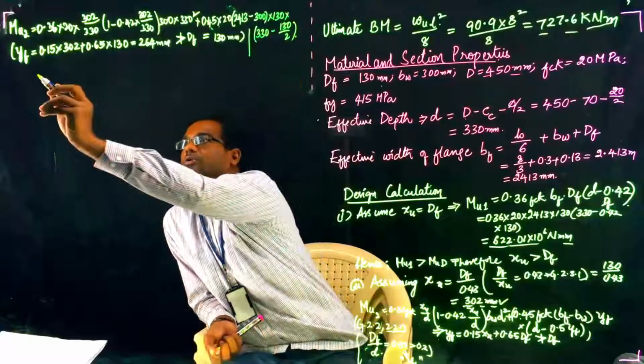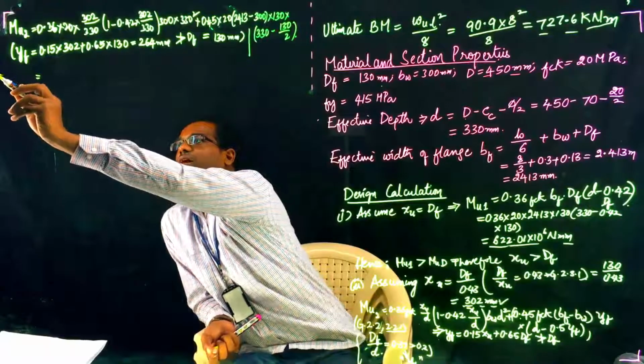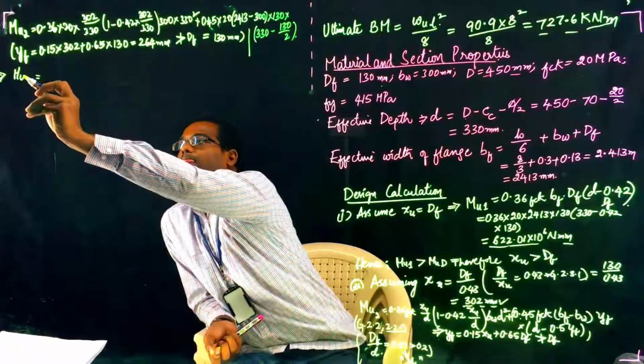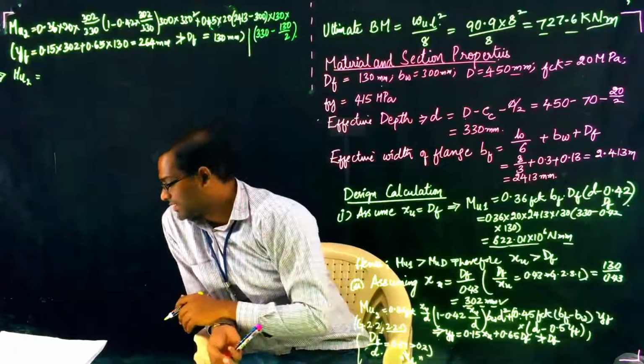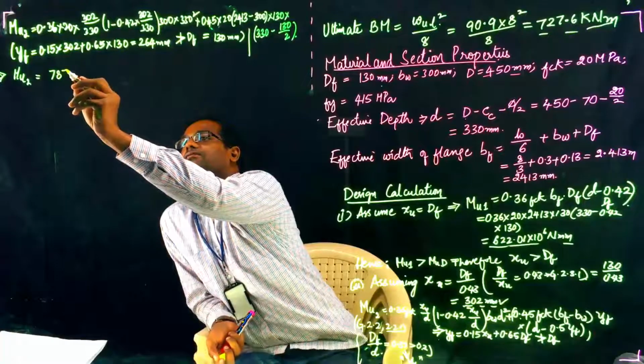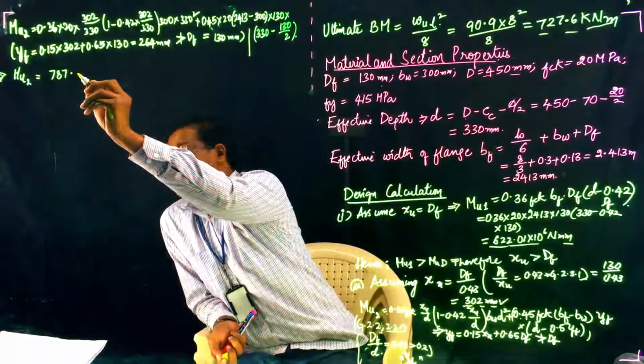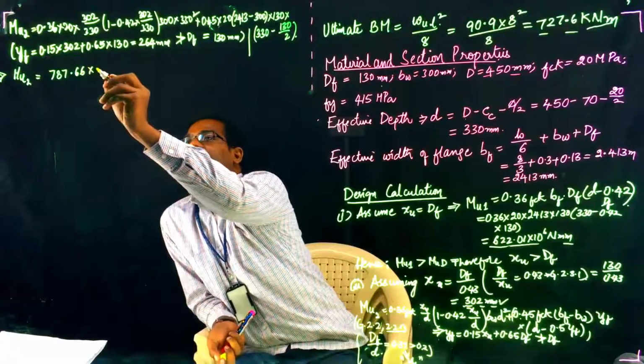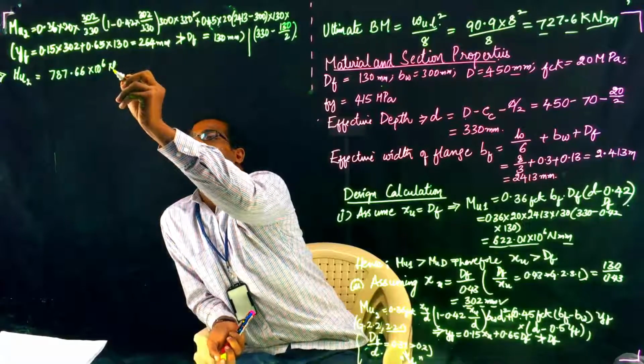Now if you calculate this MU2 value, you will get a value of 787.66 into 10 power 6 Newton mm.